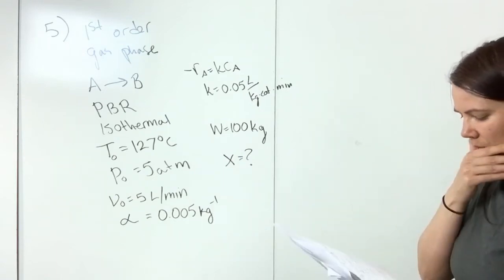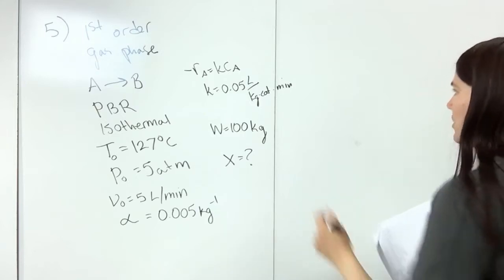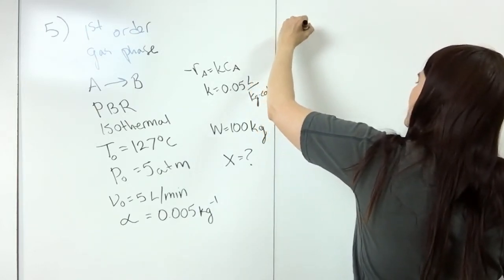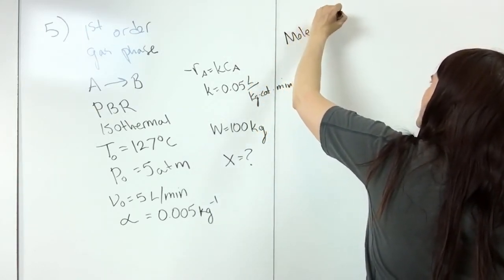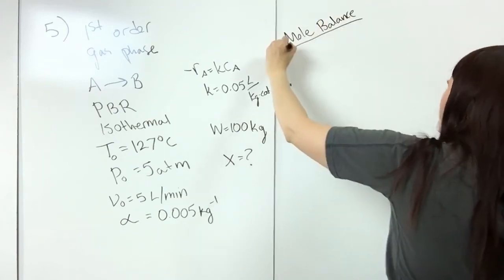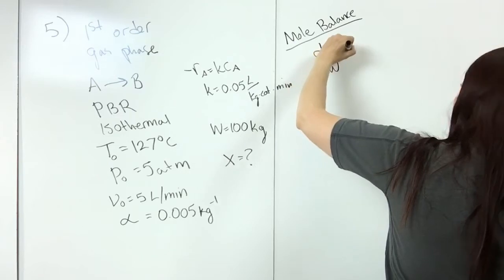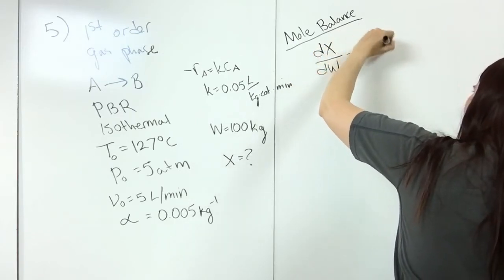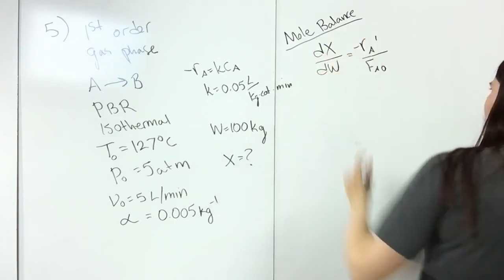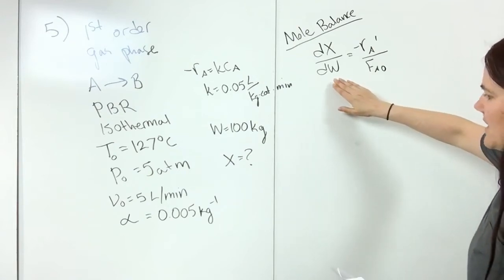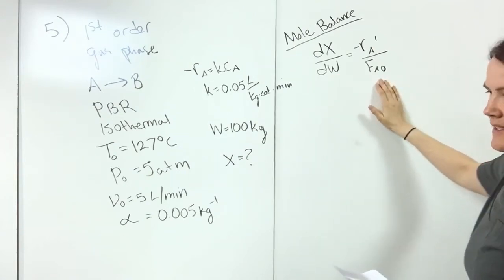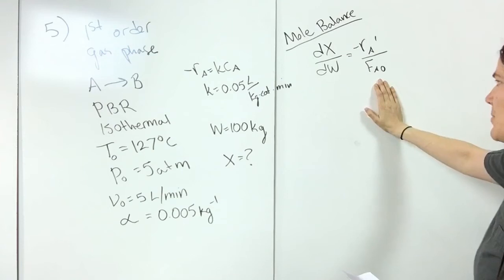So the first thing you want to do is start with the mole balance. And that is dX/dW is equal to minus Ra prime over Fa naught. And so first of all, we need to use the differential form of the equation because there's a pressure drop.